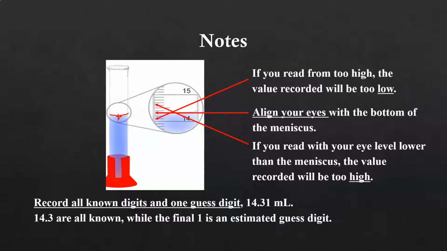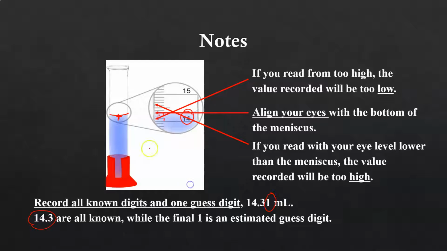So for this you would record all known digits and one guess digit. So we know 14 and then 0.1, 0.2, 0.3 is on that line. So 14.3 are known, and then you would guess how far between the 0.3 and the 0.4 line this is. And this example guesses 0.1.